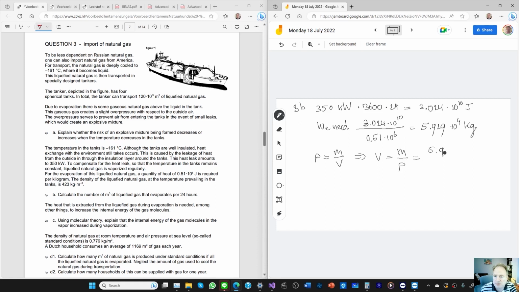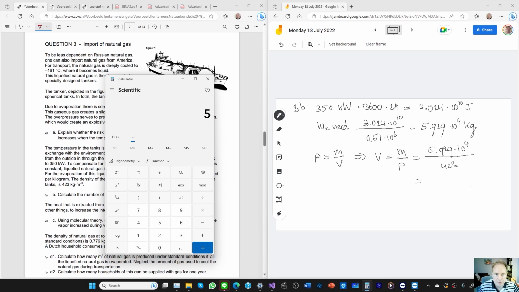So it's this divided by 423. Let's calculate that. 5.929 times 10 to the power 4 divided by 423. That's 140 meter cubed.